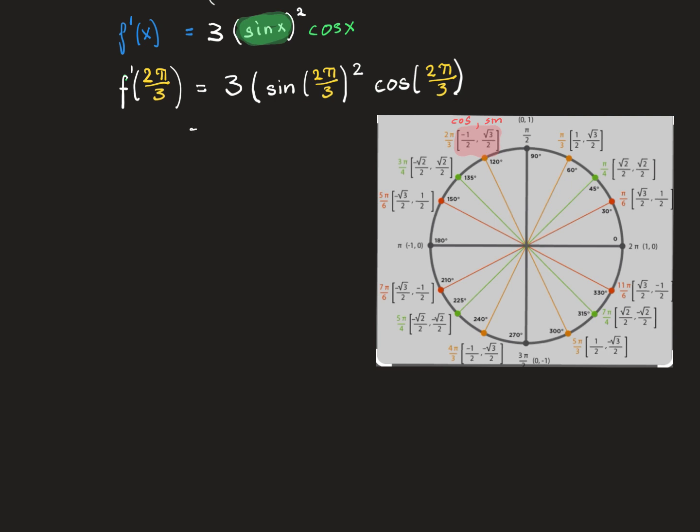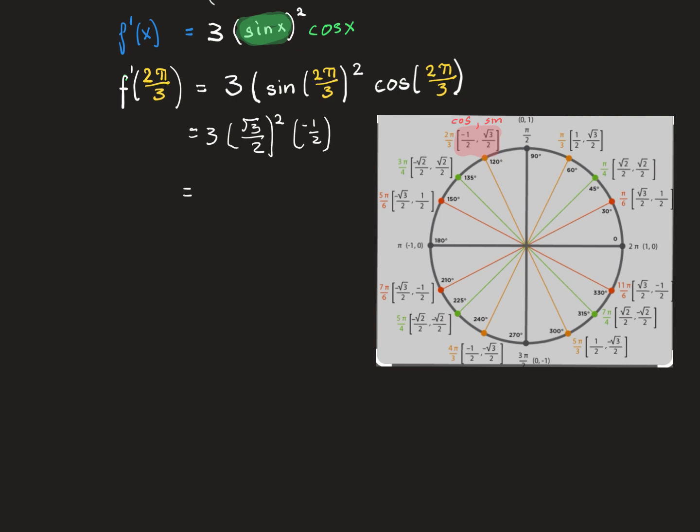And so we insert that and say that sine 2 pi on 3 is root 3 on 2. So we'll say root 3 on 2, which needs to be squared. And cos 2 pi on 3 is minus a half.